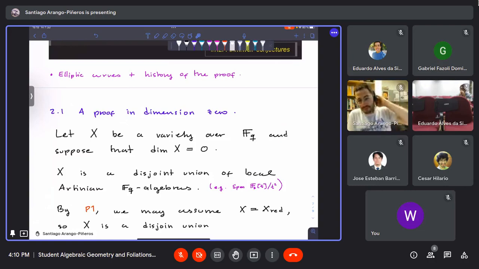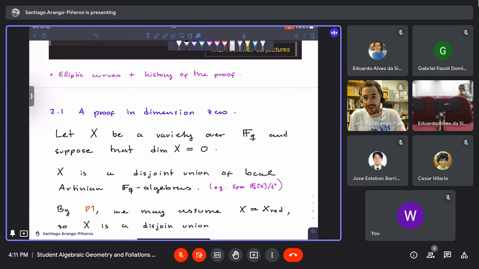Well, first thing we know is that our variety has to be finite. It has to have finitely many points. There are many ways to see this, but maybe one way to prove this using a bazooka is to use Serre's criterion for affineness and Grothendieck vanishing.